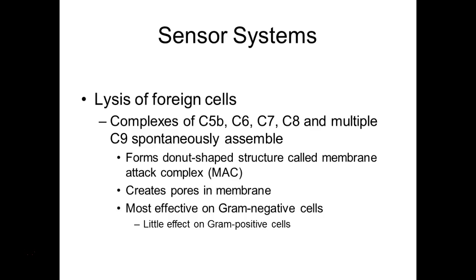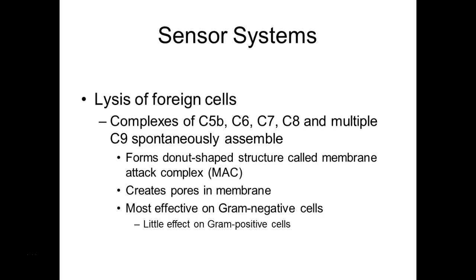So as far as bacteria are concerned, this is more effective against gram-negative and a little bit less effective against gram-positive. Why is that? What do we know about the membranes as it relates to gram-positive and gram-negative? Gram-negative have that outer membrane. And it is a membrane.